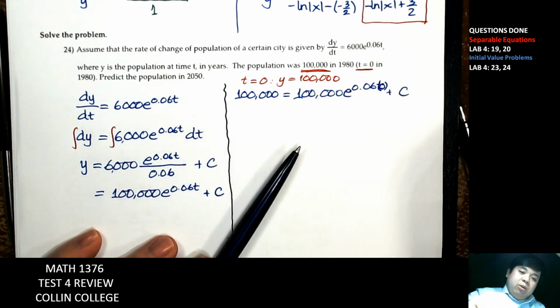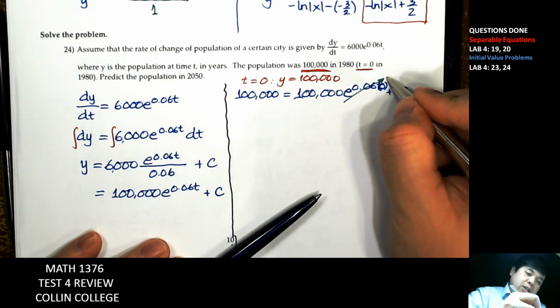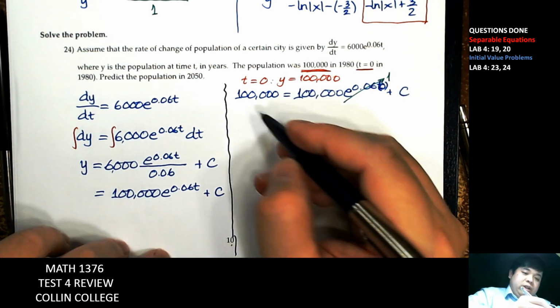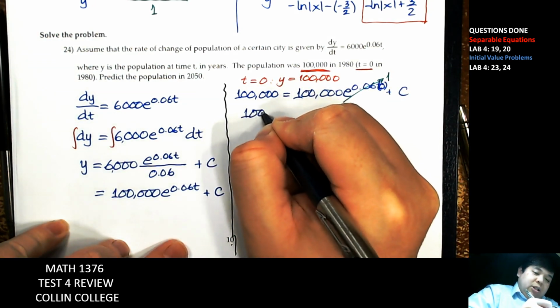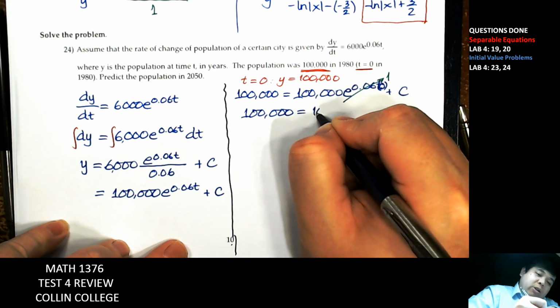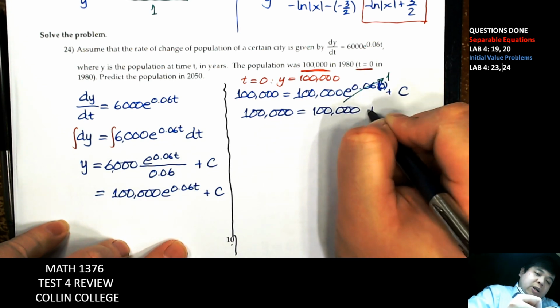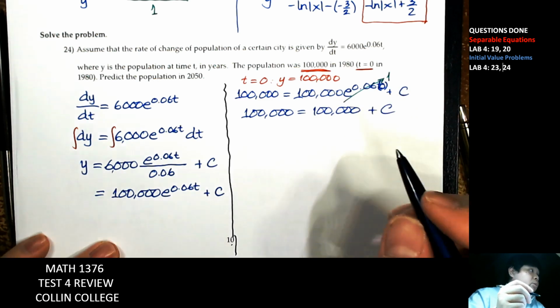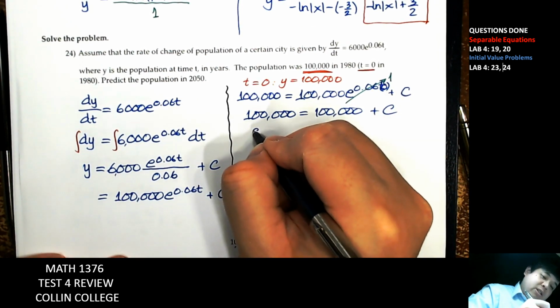So e to the 0 power is 1, and we just have 100,000 equal to 100,000 plus c. From there we get c, a constant, equal to 0.